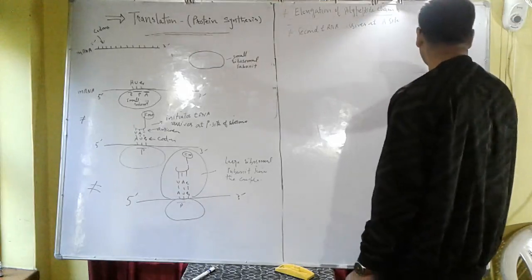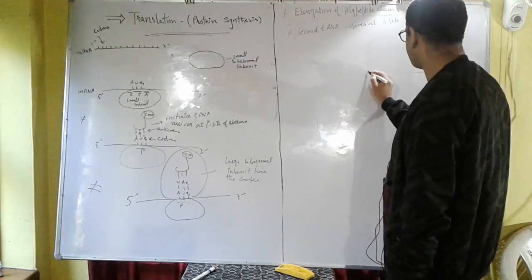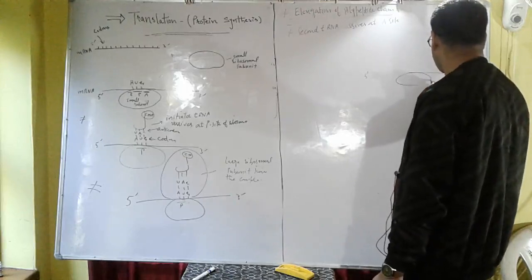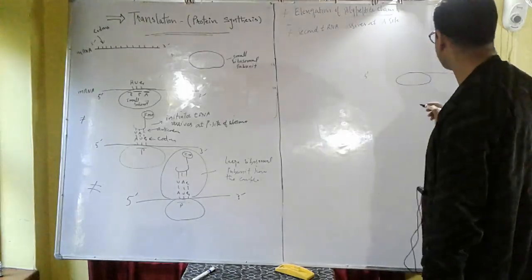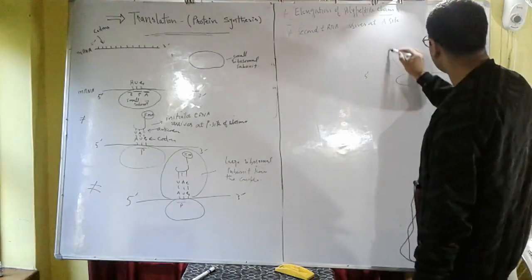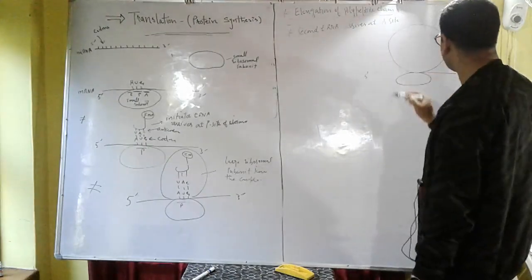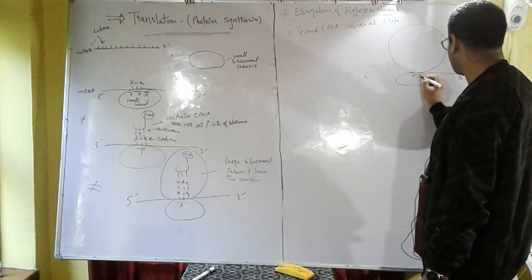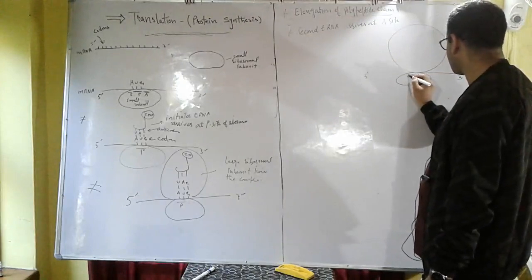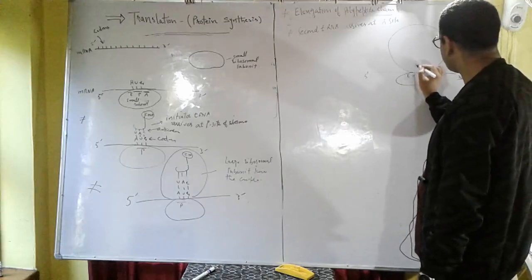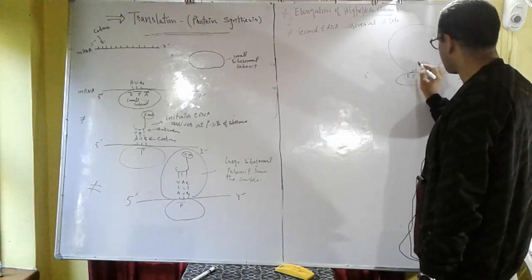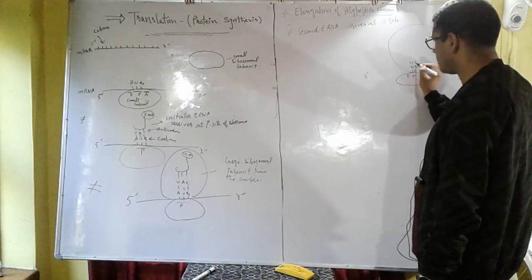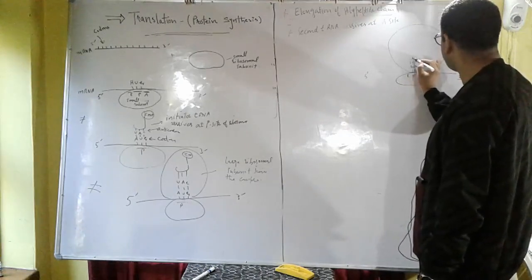Suppose this is messenger RNA, 5' to 3'. This is the small subunit of the ribosome, the large subunit of the ribosome. This is the P site, A site, this is the E site. We have AUG, then UAC.